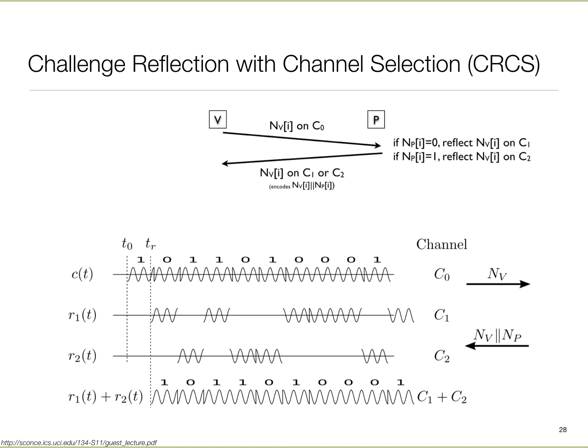So I basically bounce this thing back, I reflect it back, but which channel I reflect it back on depends upon the bit that I have. Okay, so I literally take the incoming signal and reflect it either on channel 1 or channel 2, depending upon what my random bit was.